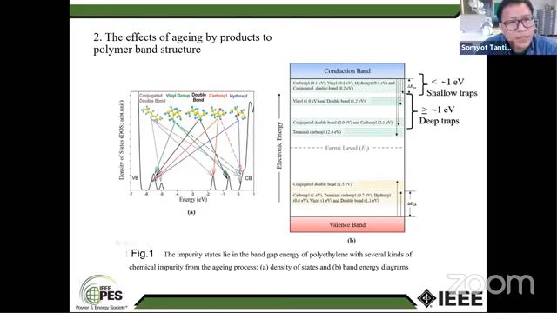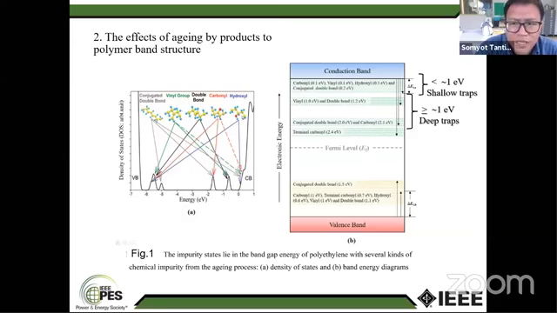So this is the effect of the aging byproducts on the polymer band structure. Previously, we talked about the many kinds of chemistry here in figure 1a. This chemistry represents itself as traps, as charge trapping sites in the polymer band gap. Some of them are shallow traps, some of them are deep traps.